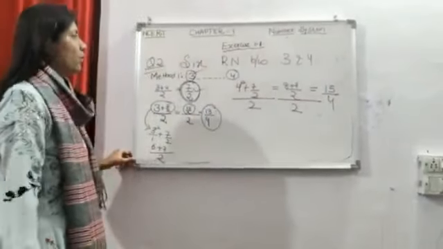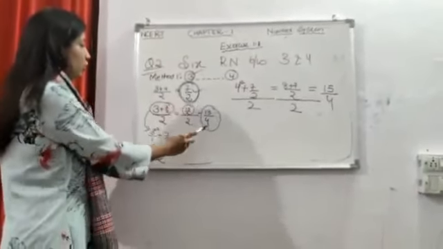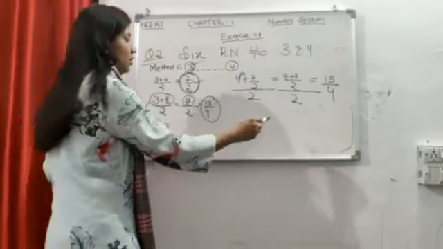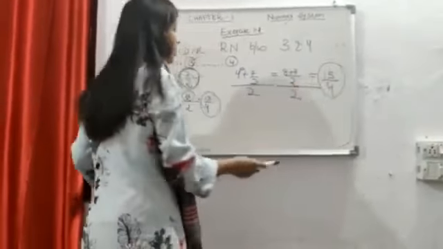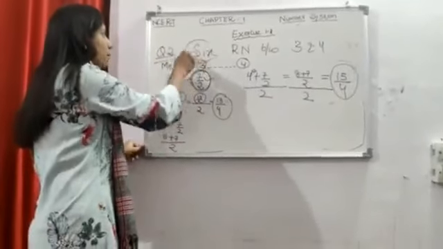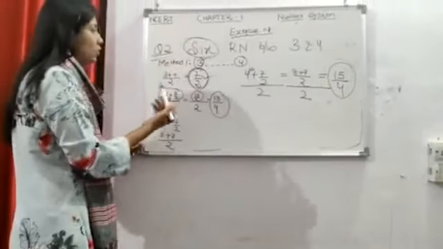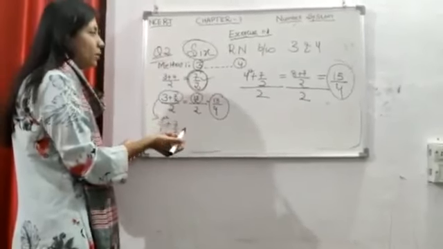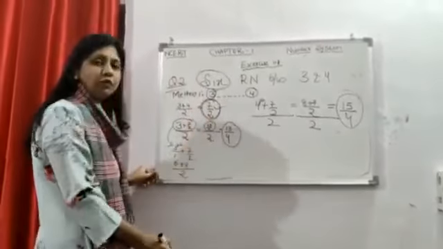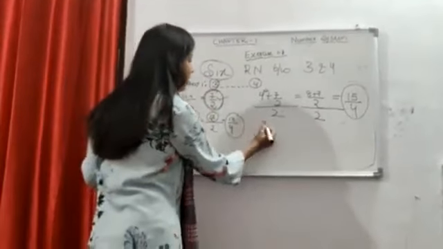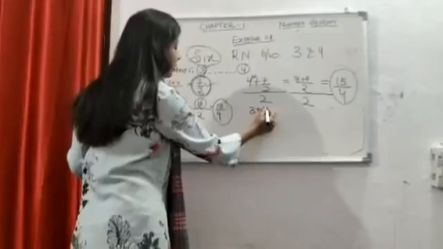So now how many numbers have I got? 7 upon 2, 13 upon 4 and 15 upon 4. We have to find a total of 6 numbers. Now we can try some other combination, like 3 and 13 upon 4. We will find the mean of 3 plus 13 upon 4.